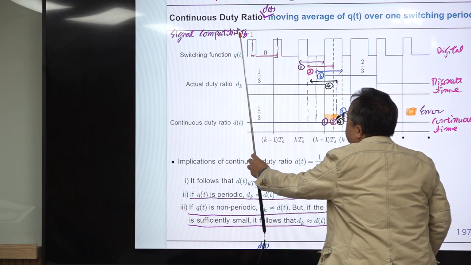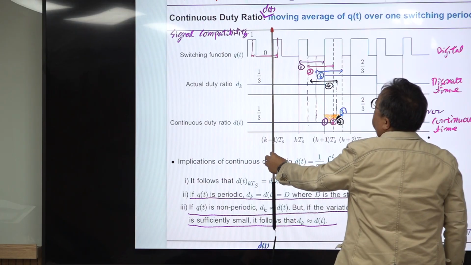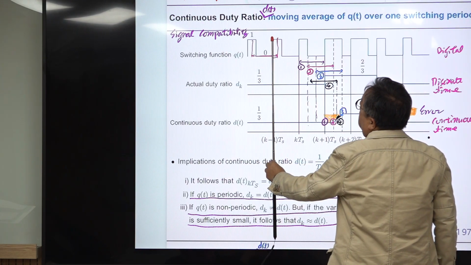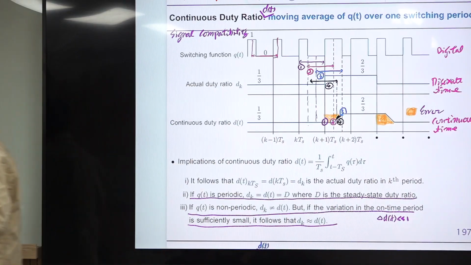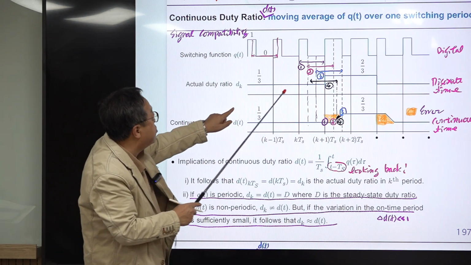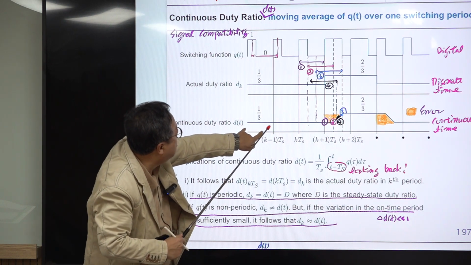We wait until this time, and at this point we determine the duty ratio of this signal during this switching period. This notation is important, so you should realize it. With this, you are looking back, not forward. Looking back.